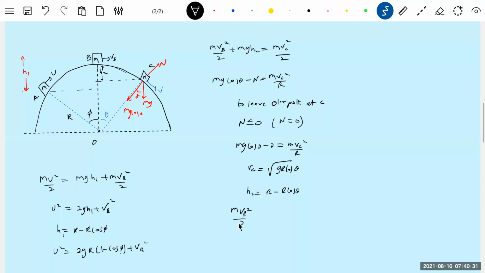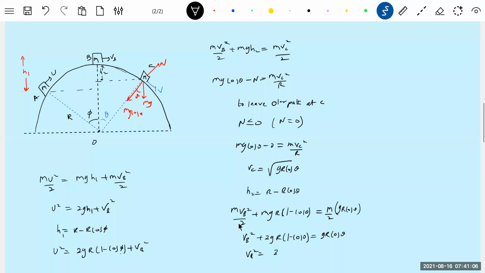m vb square by 2, m g r, m vc square, vc square will be gr cos theta. So vb square equal to 2gr times 1 minus cos theta, equal to gr cos theta.